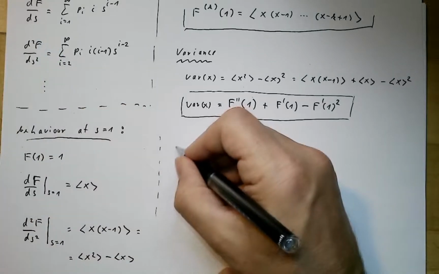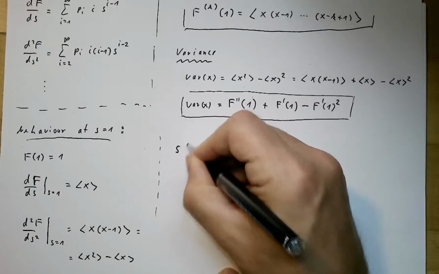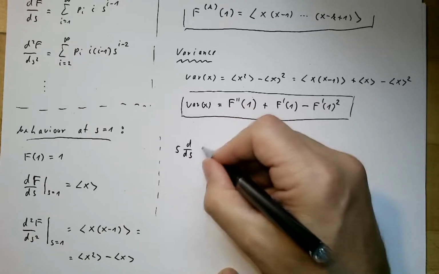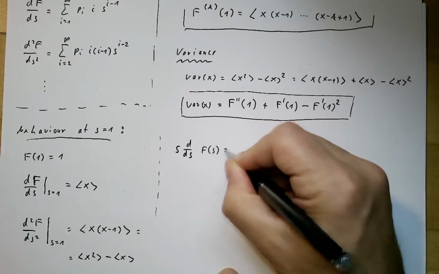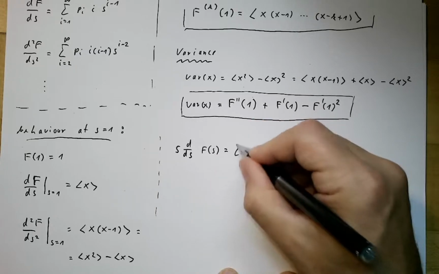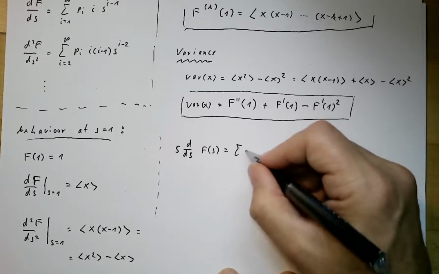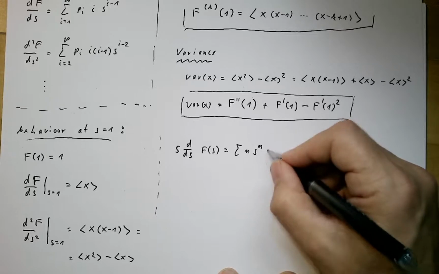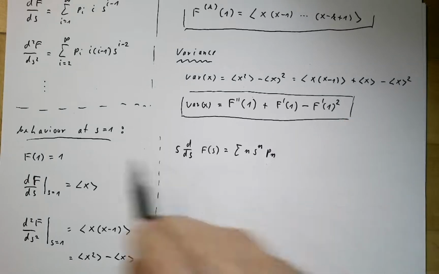So if we take this operator s times d over ds and apply this to our generating function, this gives us the sum of n s to the power n p_n.